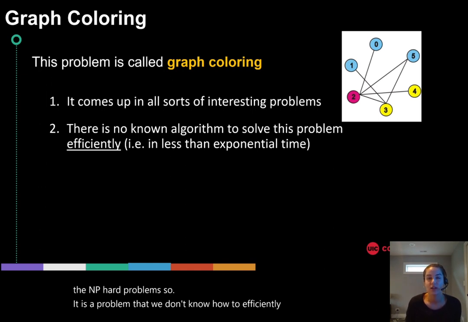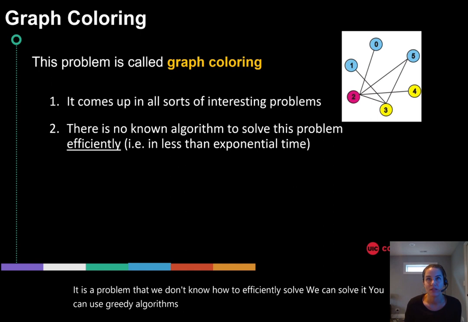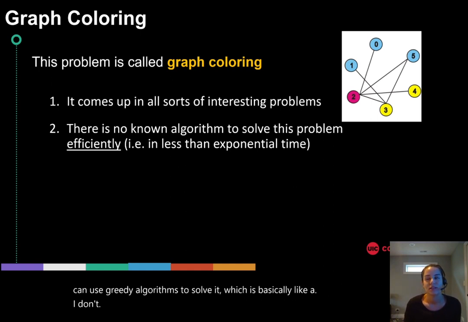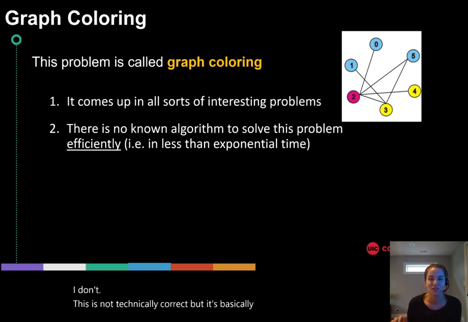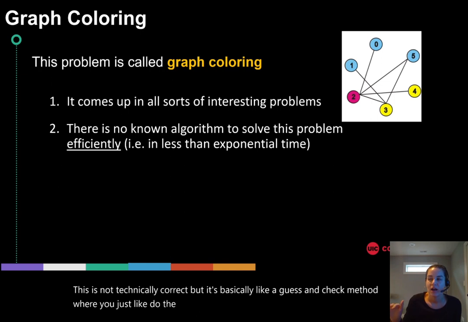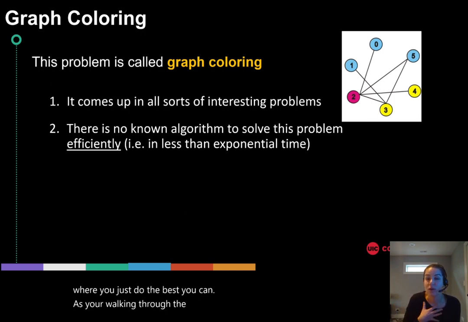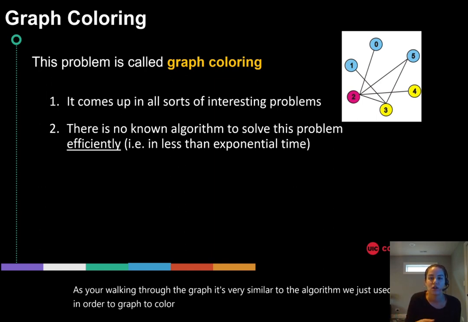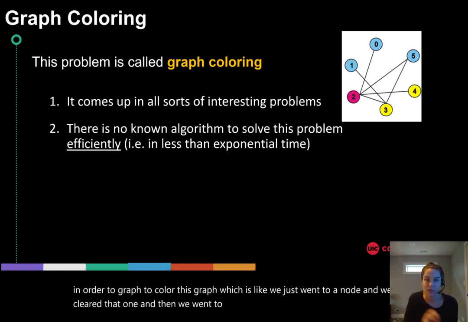We can solve it. You can use greedy algorithms to solve it, which is basically like, this is not technically correct, but it's basically like a guess and check method where you just do the best you can as you're walking through the graph. It's very similar to the algorithm we just used in order to color this graph, which is like we just went to a node and we colored that one, and then we went to its nodes and colored it based off of that one.